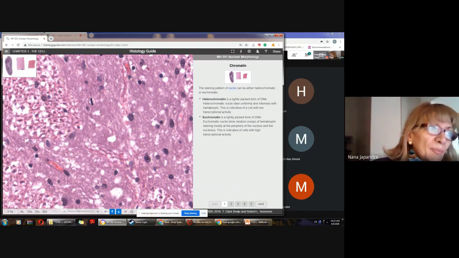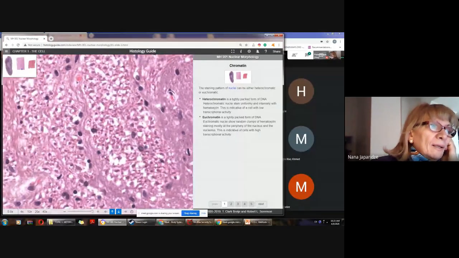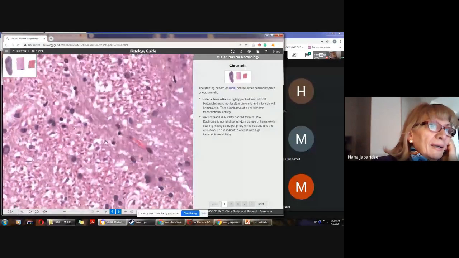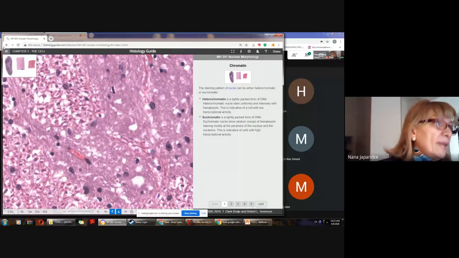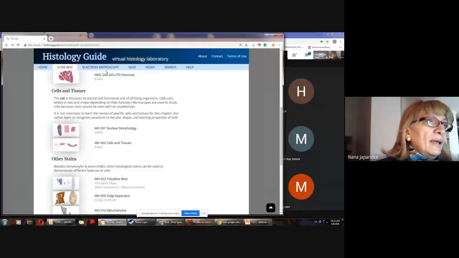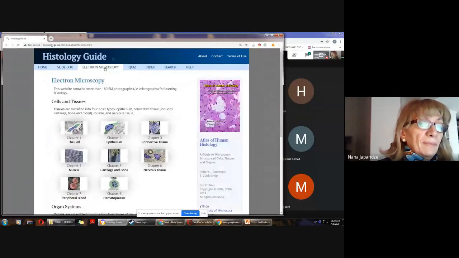Everything this will help you to identify the nucleus and then the whole cell. Much easier is to see all this in the electron microscopy.